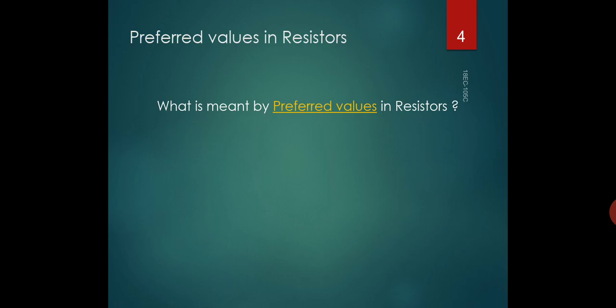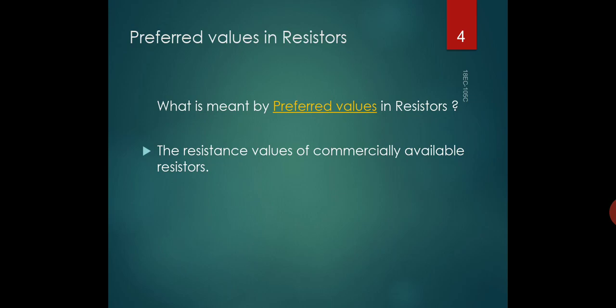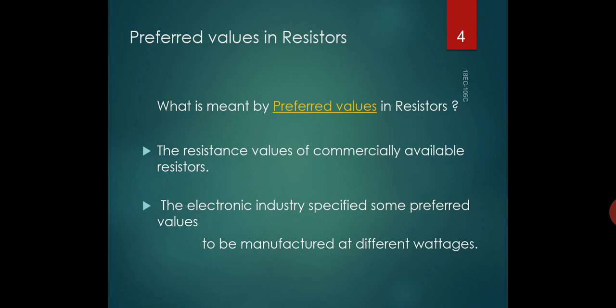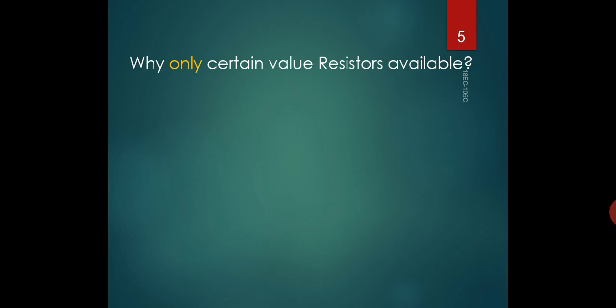What is meant by the preferred values in resistors? The resistance values of commercially available resistors are only a few. The electronic industry specified some preferred values to be manufactured at different wattages, or power handling capacity. Why are only certain values of resistors available?